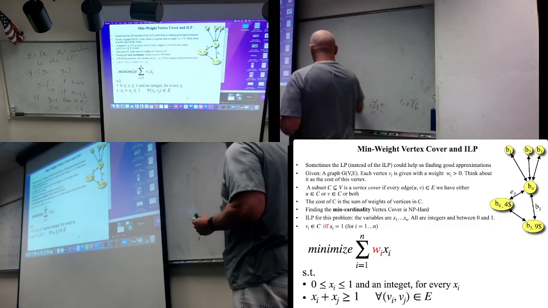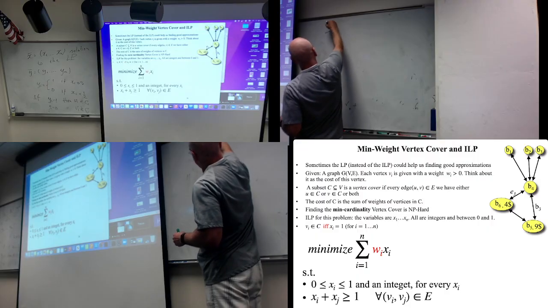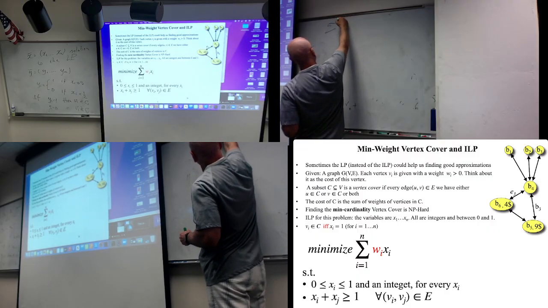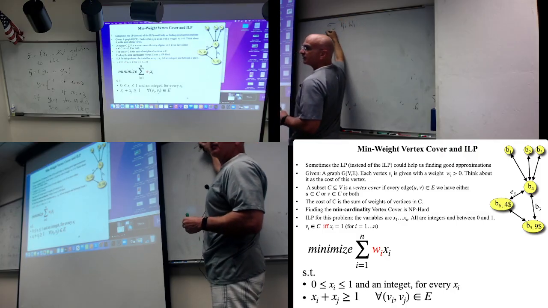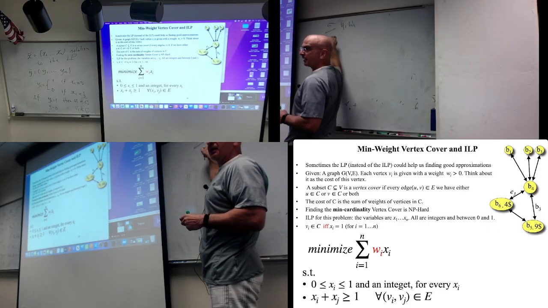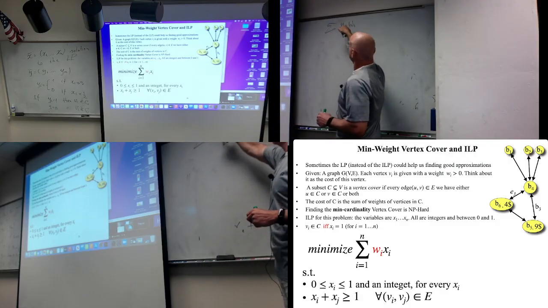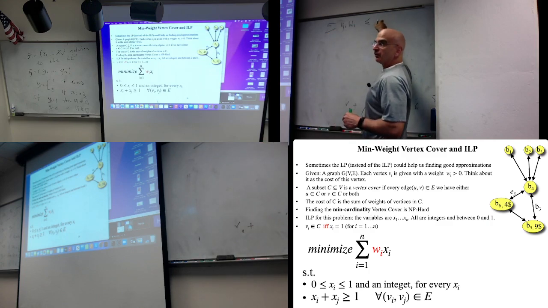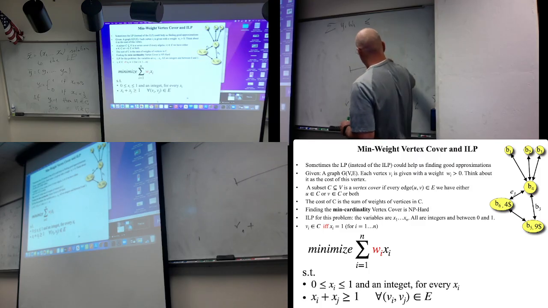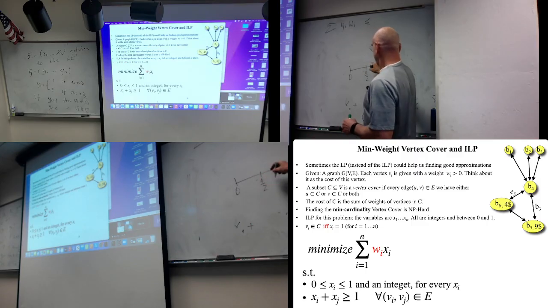I need to justify what is the cost, what is the sum of yi wi. That's the value of the cost, how much I'm paying for the vertices that I do take. Yi is an integer. The sum of yi wi is smaller or equal than, what? For every xi, if it's larger than half, I take xi. Here is 0 and 1, and I'm looking at half, and I'm looking at xi.